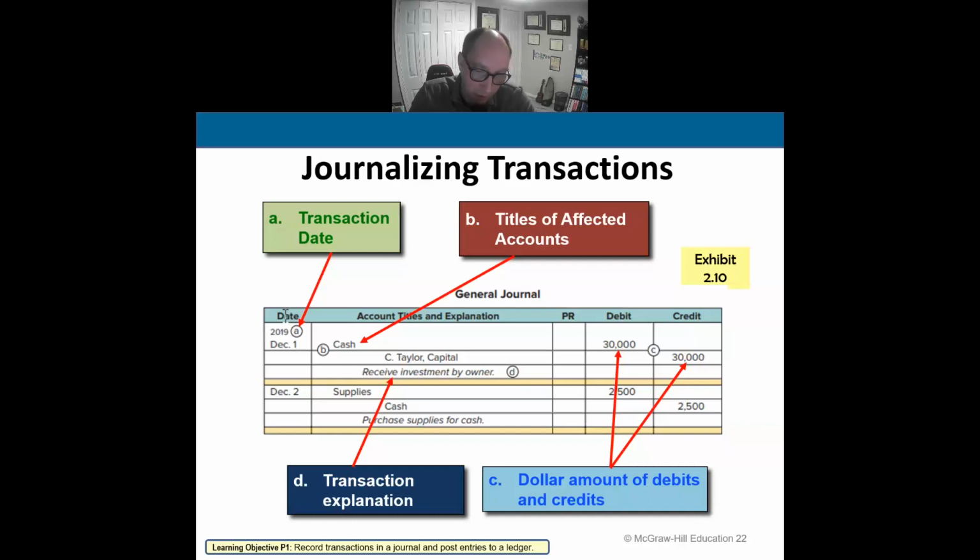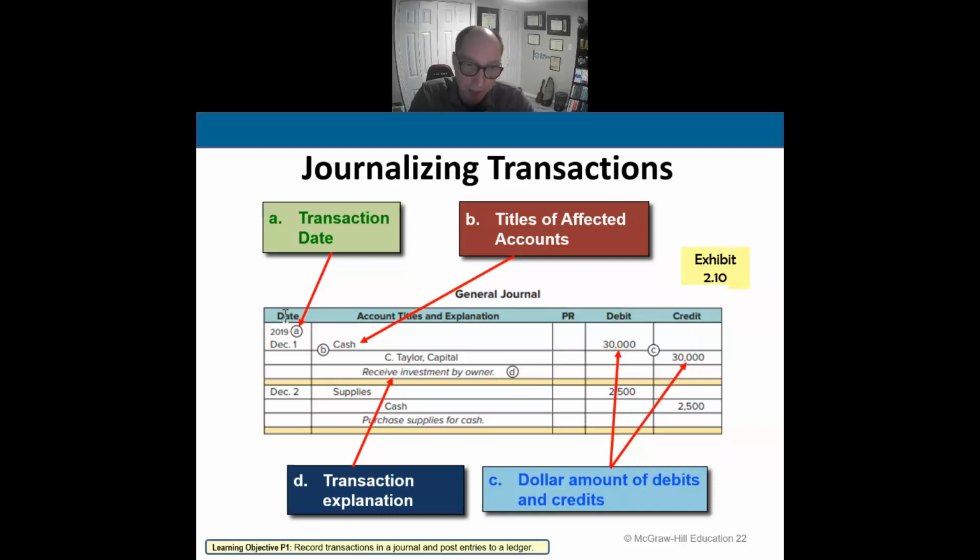The reason for that is because we need to allocate to those respective accounting periods. That's why that date is so important. When we record the transaction, we identify the accounts that are affected. Then, of course, we record the dollar amounts. And then there might be a note associated with that transaction.